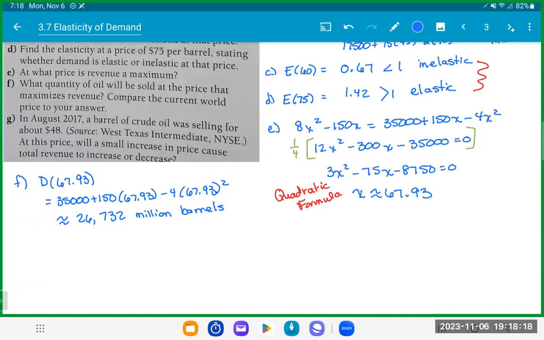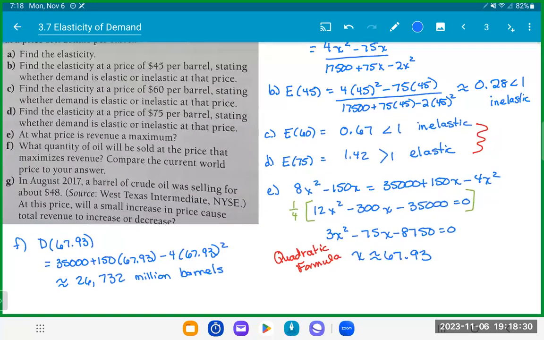And then the last thing is it says in August of 2017, a barrel of crude oil was selling for $48. Can we look at the math that we've done over here on the left and determine if at this price, will a small increase in price cause the revenue to increase or decrease?